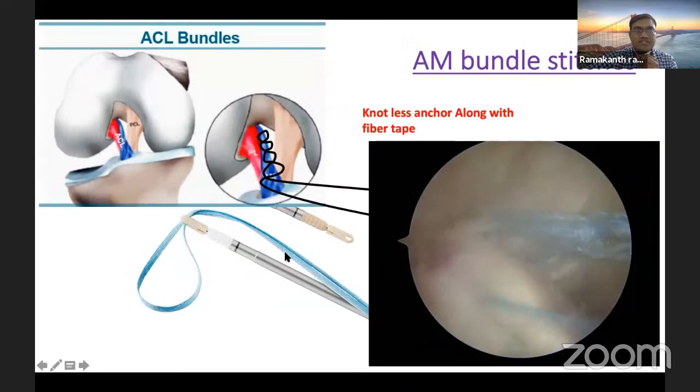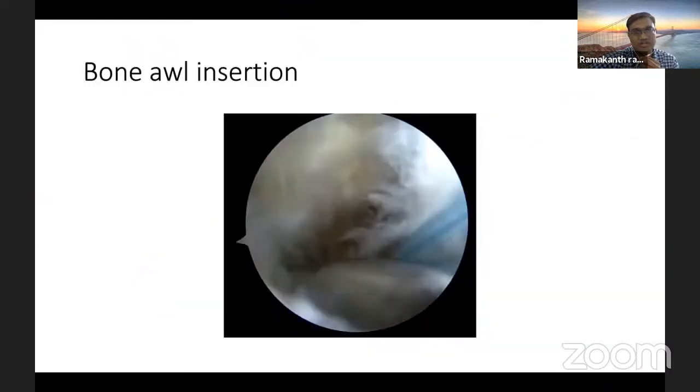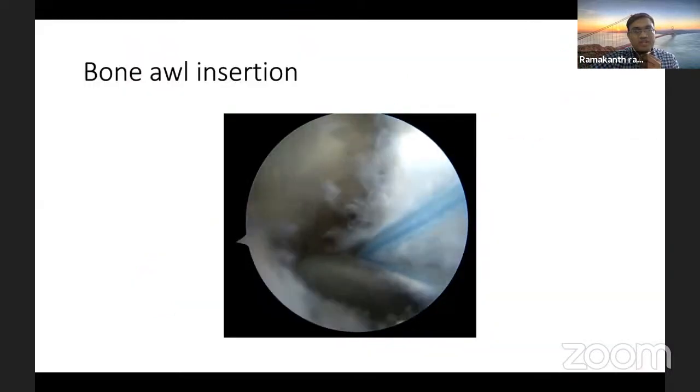The first stitches were taken with the fiber wire in the AM bundle, and then the sutures were loaded into the knotless anchor along with the fiber tape, as we are planning for the internal brace. So the AM bundle knotless suture anchor was taken along with the fiber tape.